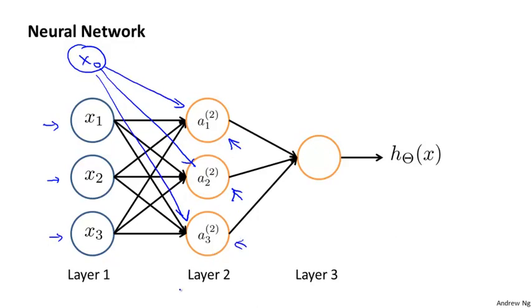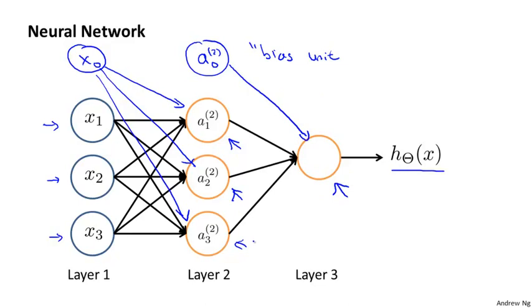I'll talk about those indices later. And once again, if we want, we can add in this A0 as an extra bias unit that always outputs the value of 1. And then finally, we have this third node at the final layer that outputs the value that our hypothesis h of x computes.